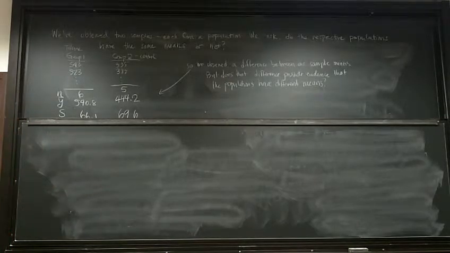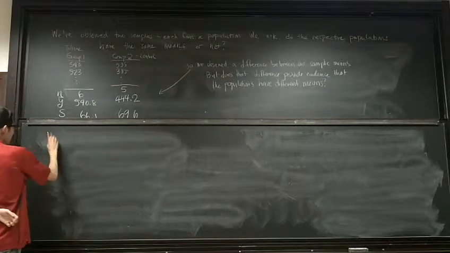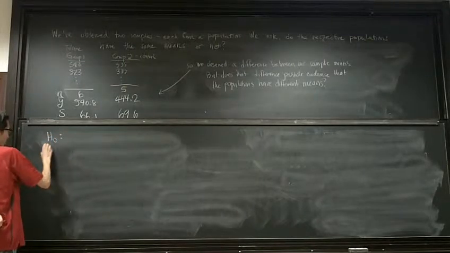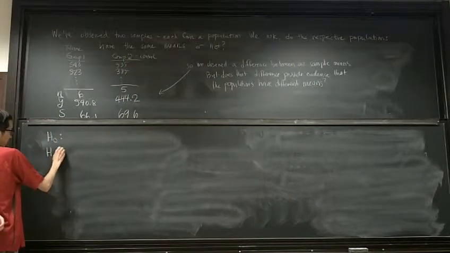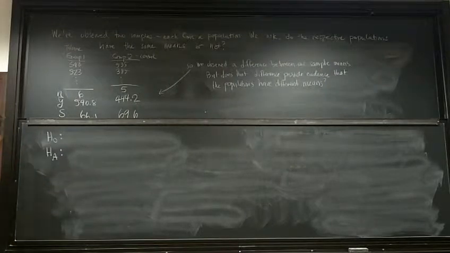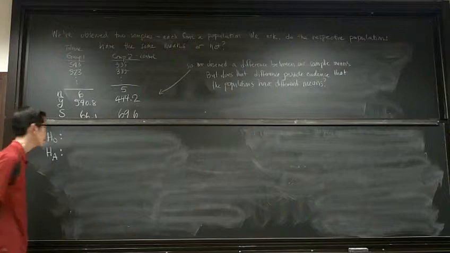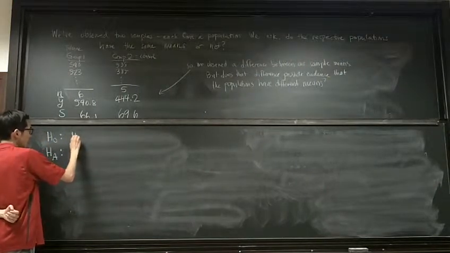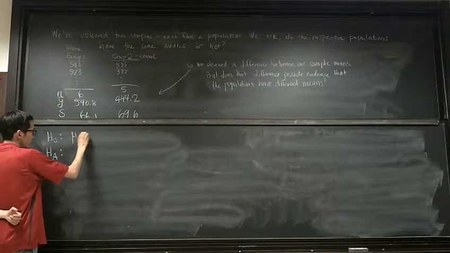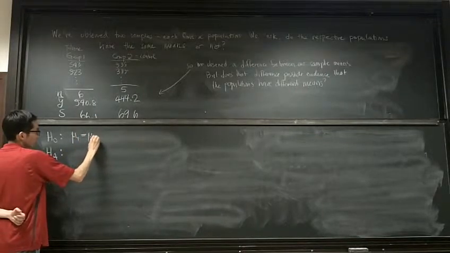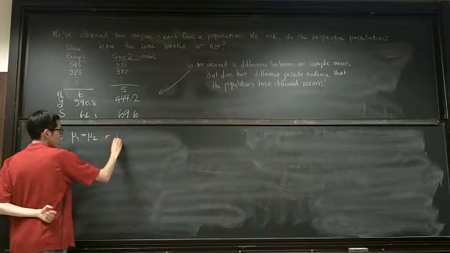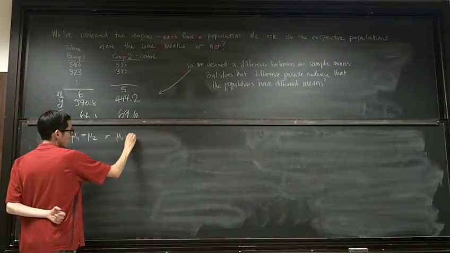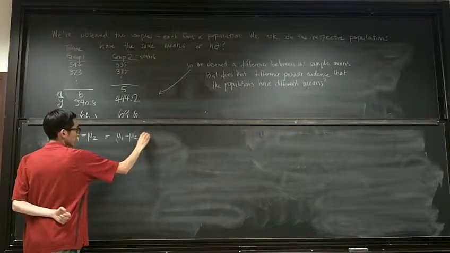So what do you think our null hypothesis and our alternative hypothesis would be? I'll put this up symbolically. The null hypothesis is that mu1 is equal to mu2, or alternatively mu1 minus mu2 equals 0.